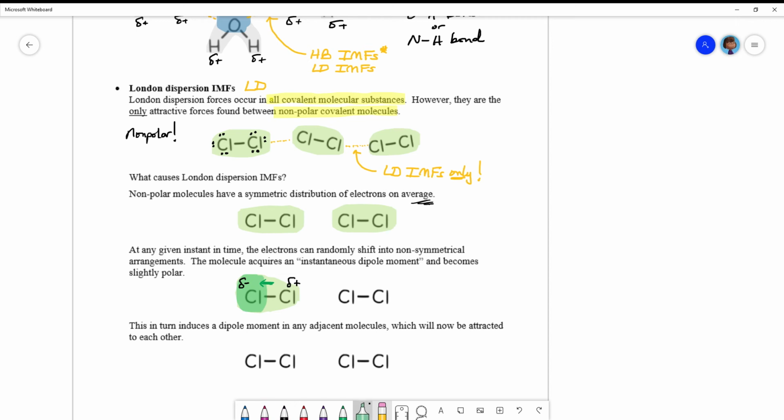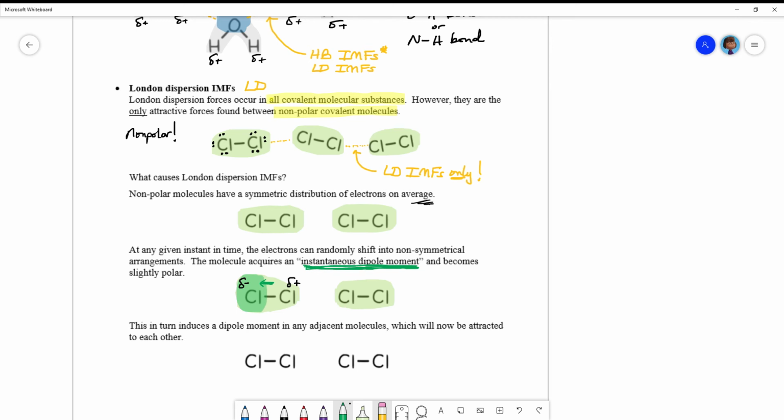Now, this happens all the time. And I'm just going to make my other chlorine the same way it was before. So this chlorine has undergone no change, at least up until this point in time. So I'm going to underline some important words here. Over here, we get this thing called an instantaneous dipole moment for our left side chlorine molecule.